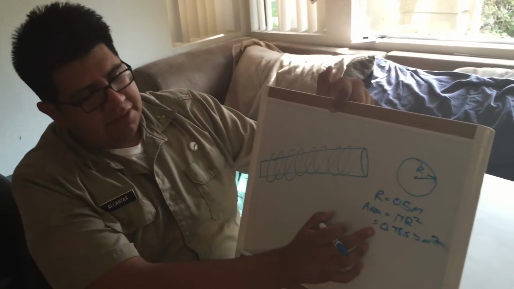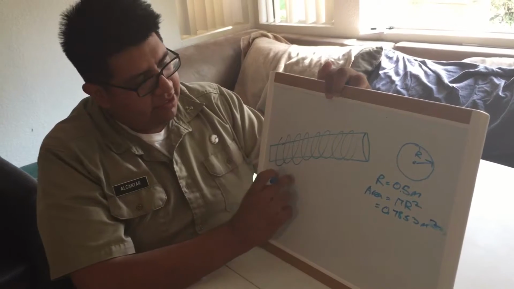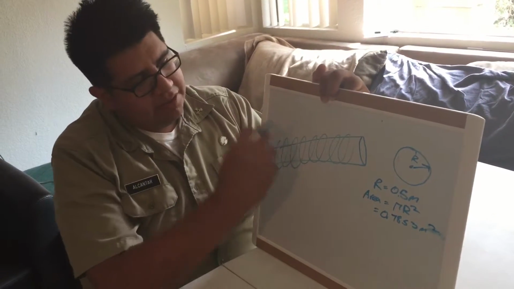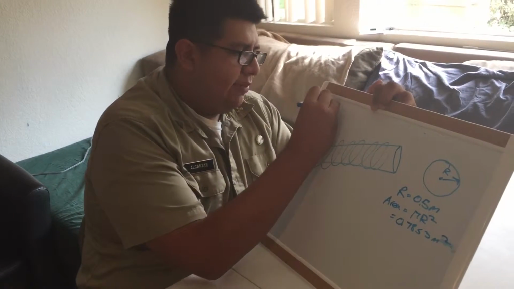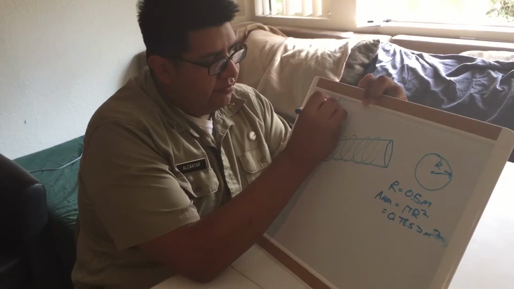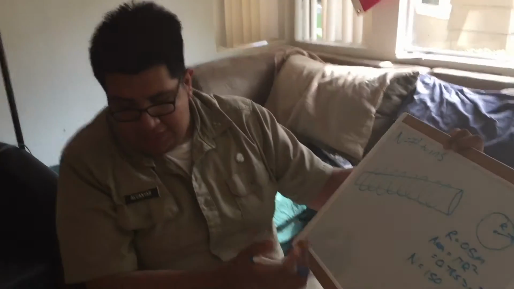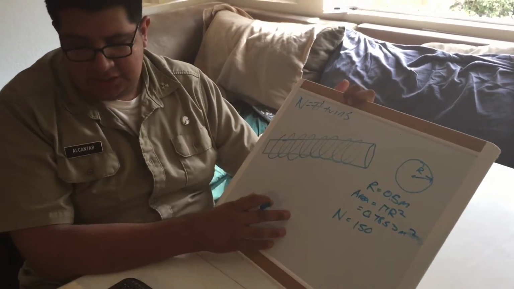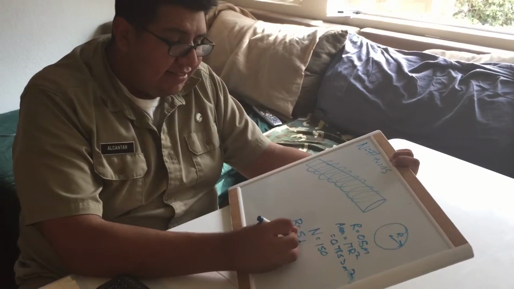Once we have that area, let's look at what else we got. We have the number of turns wrapped around the piece of metal, and I'm going to label that N. Let's say I wrap this around 150 times. After that, we go to our B, which is going to be 5 Teslas.